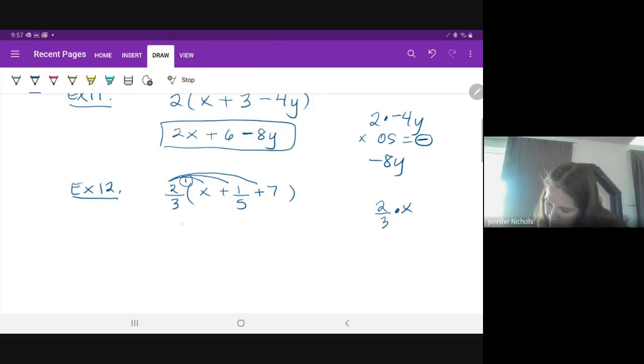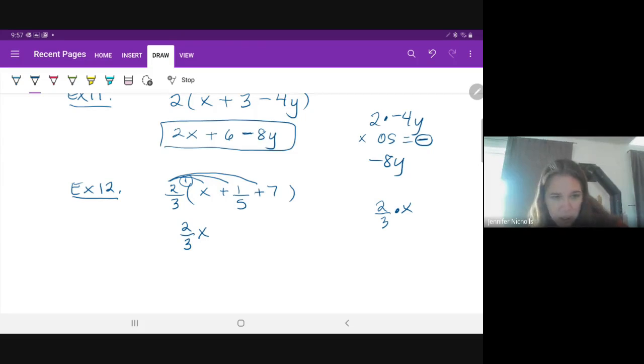Yeah, it's 2/3 x. Well, that's a good question, Vivian. You don't solve for x because there's no equal sign. So the only thing they want you to do is multiply, and then you're done because there's no equal sign.